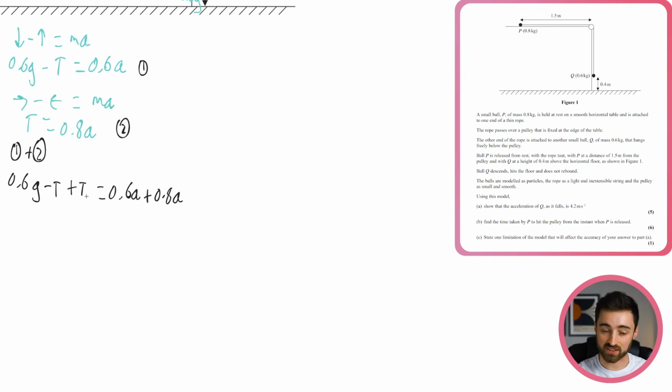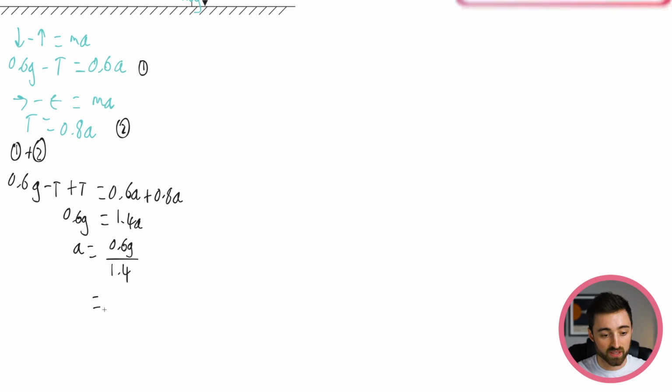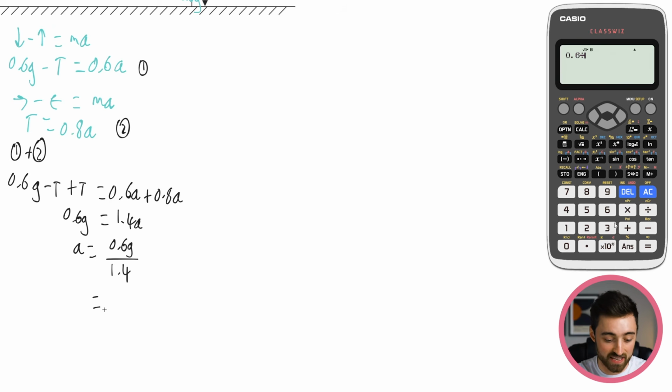So the T's are going to cancel, so I get 0.6g equals 0.6a plus 0.8a, which is 1.4a, divided by 1.4. So a is 0.6g over 1.4. I'm assuming g is 9.8 here, so 0.6 times 9.8 divided by 1.4 is 4.2, which is what they want.